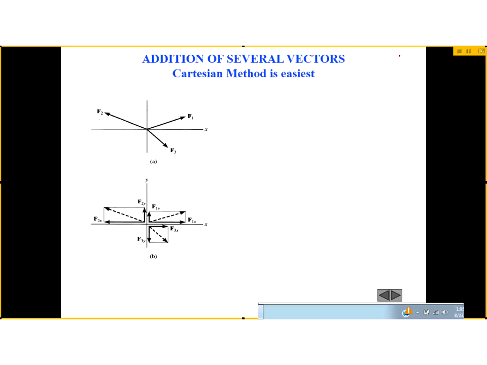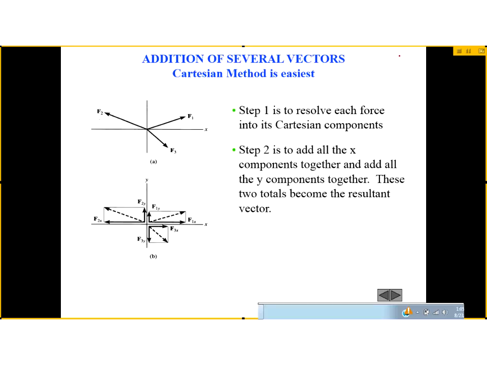This is one of the advantages of the Cartesian system as opposed to the more geometric, trig-based one, where you're trying to add, say, 4 vectors and have to do a lengthy sketch of one vector attached to the next vector, attached to the next vector, and so on. The easier way is to resolve each force into its Cartesian components, and then just add those components together to find the resultant. Add all the x components, add all the y components, and voila, you've got your resultant.